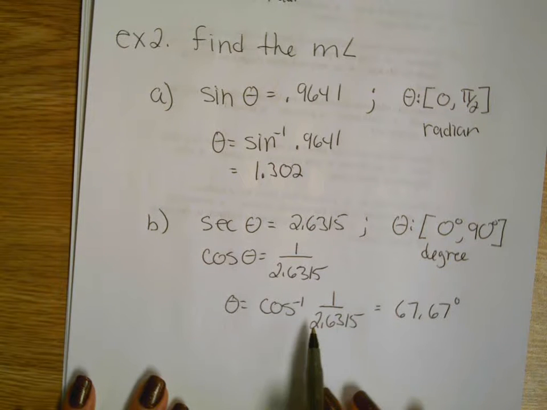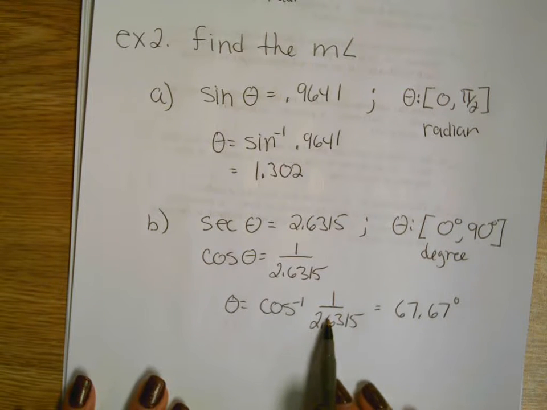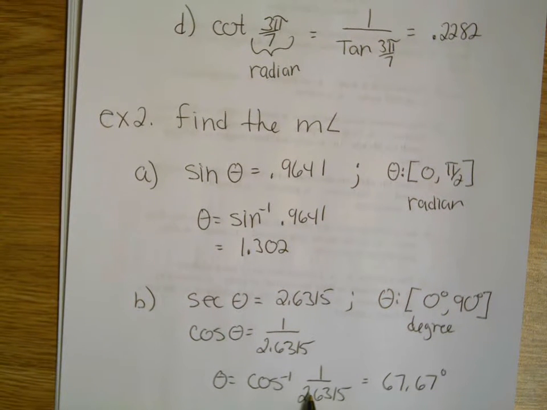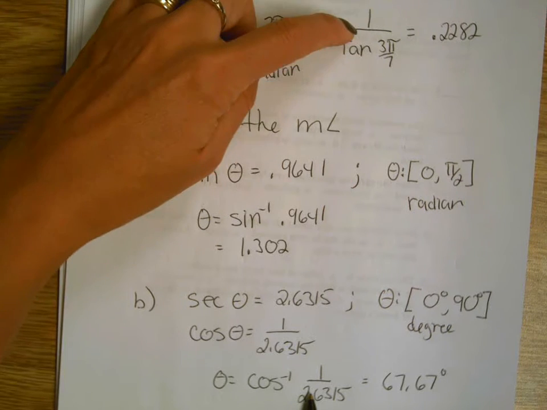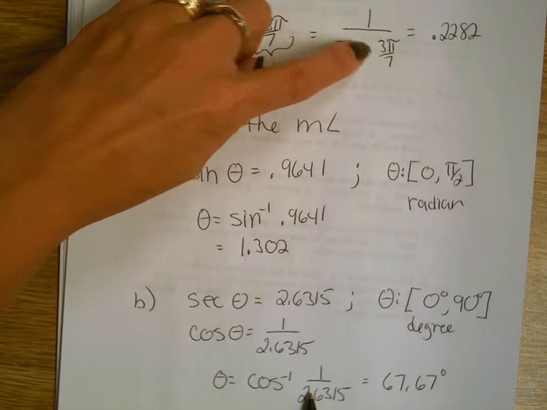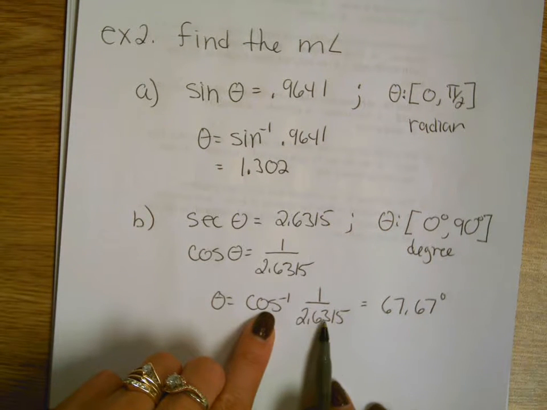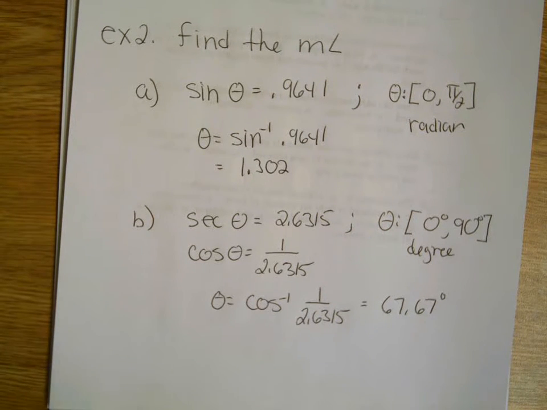So notice the difference between finding an angle where the fraction's at and the one from example 1, finding the ratio. Here we do 1 divided by, then the function. With the angle, we start with the inverse function first and then do 1 divided by. People get those two things confused and give me all the wrong answers.